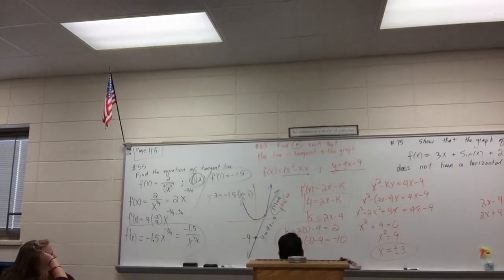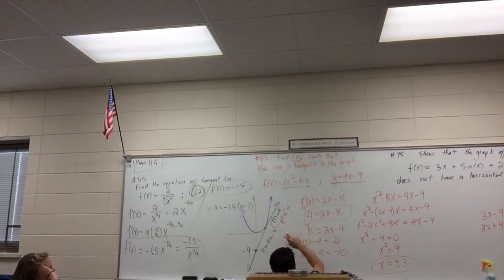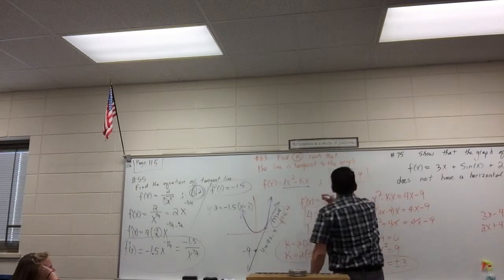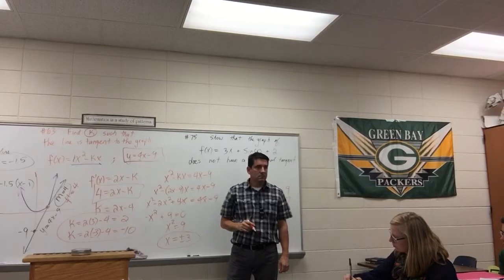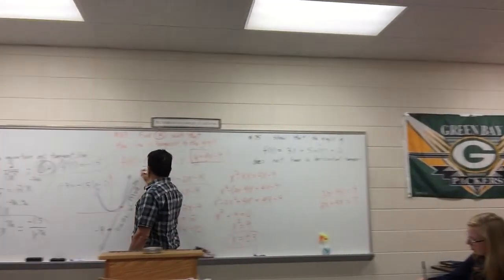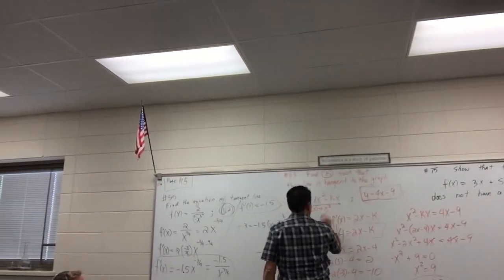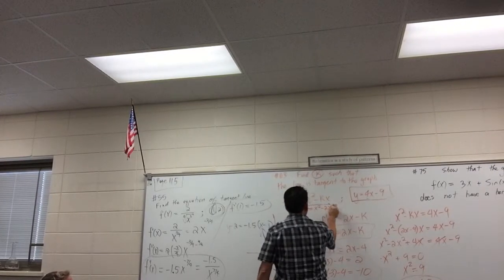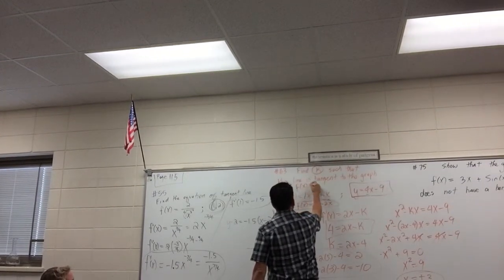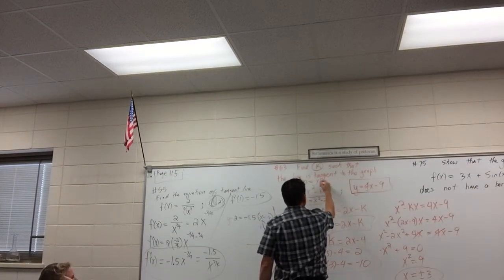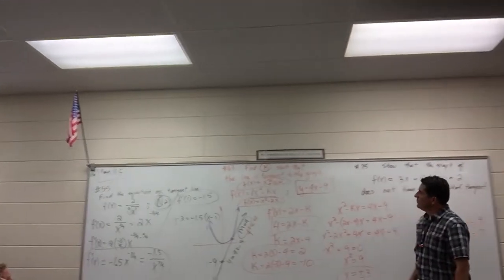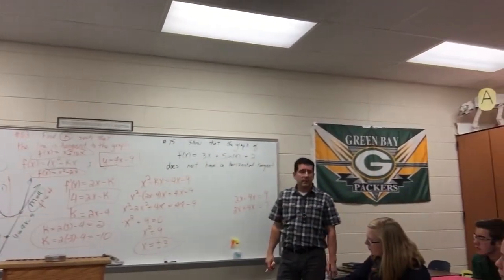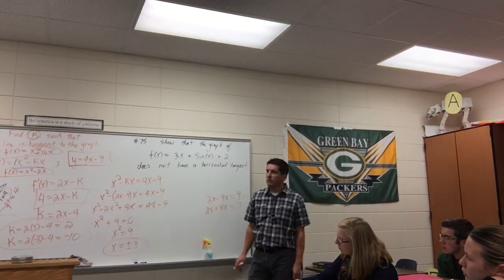So it appears that there are two answers for k that give you the places where this line is tangent. If you were to graph f of x equals x squared minus 2x, and f of x equals x squared plus 10x, both of those would be tangent to the line 4x minus 9. And none of the other ones would.